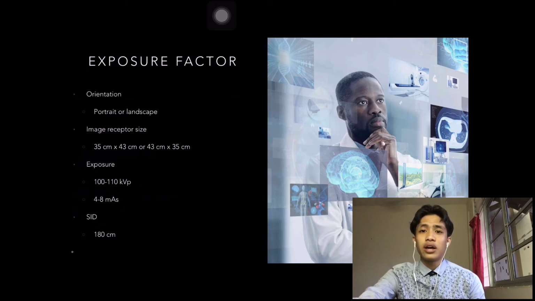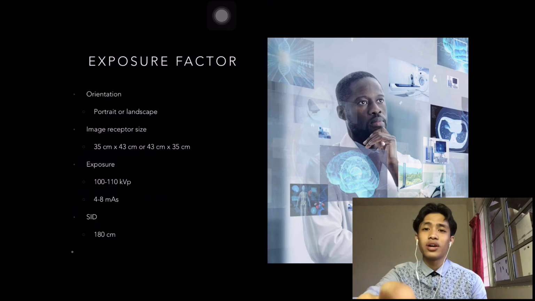The image receptor size should be 35 cm by 43 cm, or 43 cm by 35 cm. So we use the bigger size of IR. For the exposure we use 100 to 110 kVp, and the mAs is 5 to 8 mAs. The SID should be 180 cm.